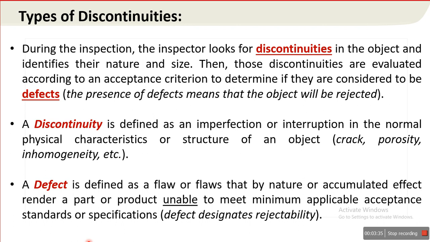But suppose a major blowhole is present inside the casting and in future, during the machining, that blowhole appears in the atmosphere or appears in front of the design engineer, then it affects the performance of the component. Presence of minor porosity in that casting cannot be treated as a defect, it is a discontinuity. But presence of a major blowhole inside the casting can be treated as a defect.